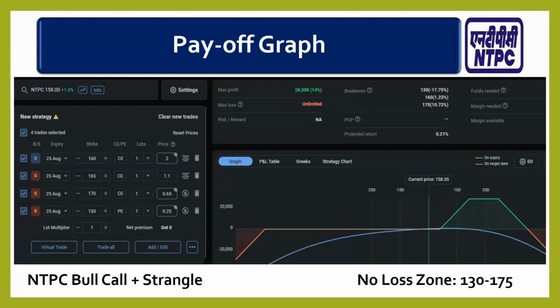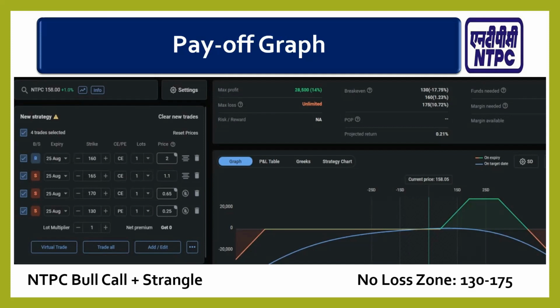So ultimately the net premium received and paid is zero, which means downside loss until 130 is zero and upside loss until 175 is zero. This strategy would give me good profit when spot closes between 160 and 175. If it expires between these two strikes, I would get good profits. Max profit is very interesting, this 14%, which is 28,500 rupees. Unlimited loss starts only beyond 175.